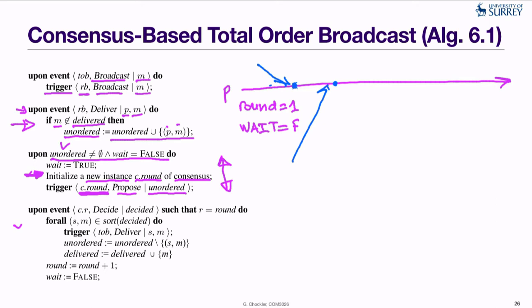At this point the unordered set is non-empty, and so it decides to start a new consensus. So consensus started here, this is a consensus for round 1, and then it uses this consensus instance to propose its unordered set.